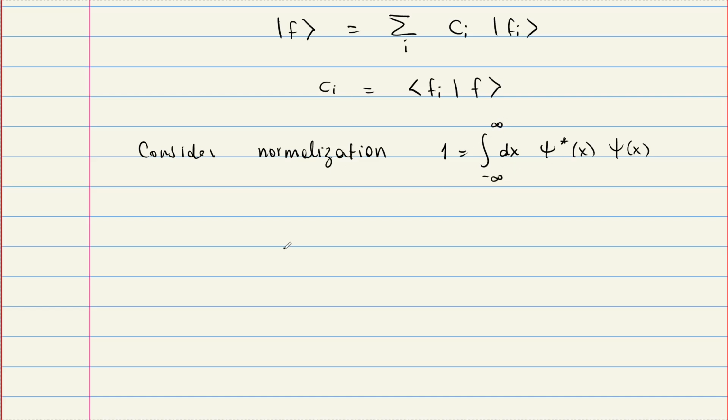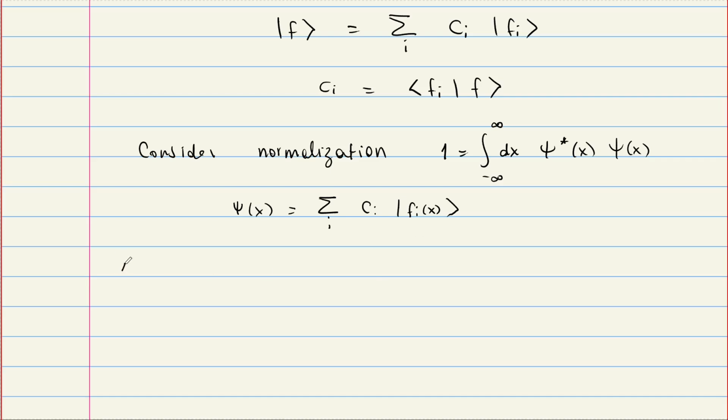So this is saying that probability is 1, because psi star psi is a probability, and if you integrate over all possibilities, you need to have 100%. And now I want to expand this psi as the sum over i of Ci Fi of x. Now I am putting the argument x because it is going to be important.